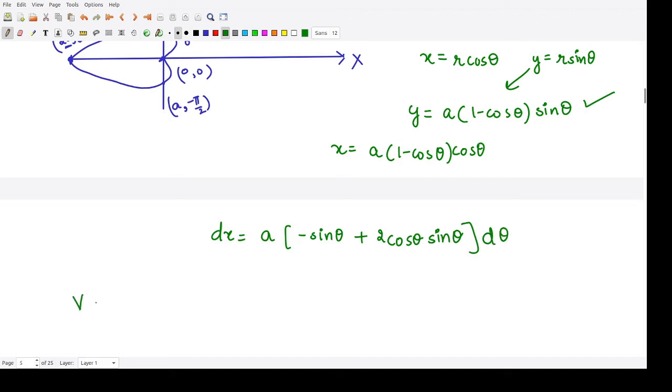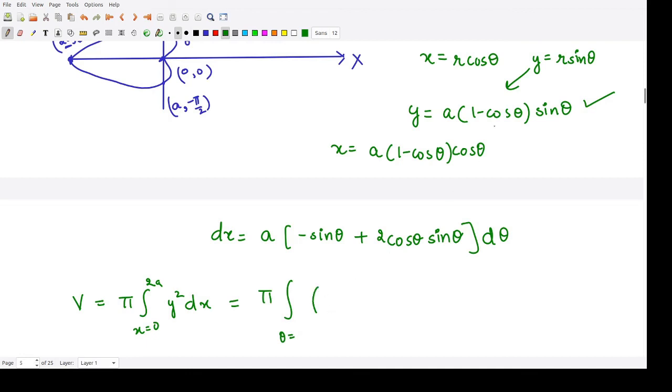Therefore the volume becomes pi integration from 0 to here. These are the limits of theta, right? So let me first substitute the values. Pi into y square dx, that was the volume. Our volume, where x varies from 0 to 2a, of y square dx, now becomes pi integration with the limits of theta.